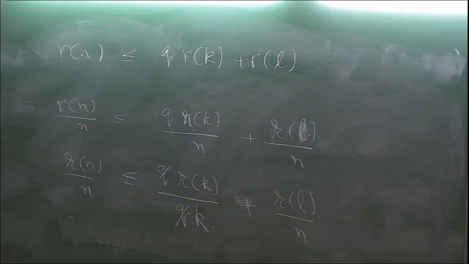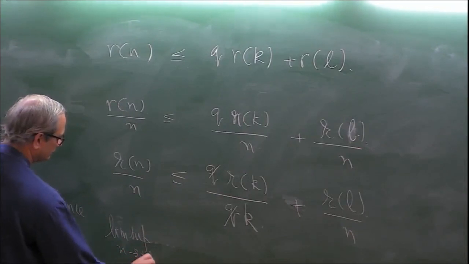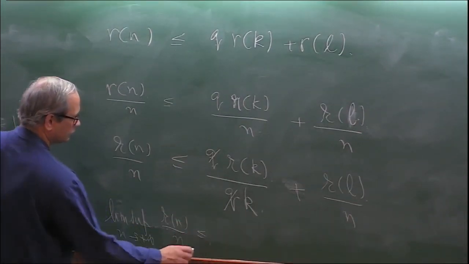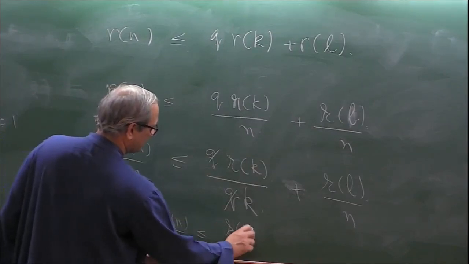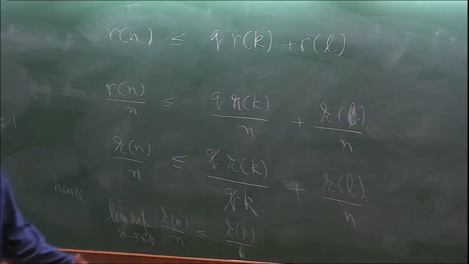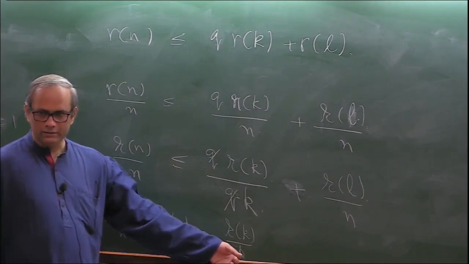Now you let n tend to infinity. So if you take lim sup, lim sup as n tends to infinity of Rn by n is less than or equal to Rk by k plus RL by n, which goes to 0. Okay? And now you pass to lim inf on this.